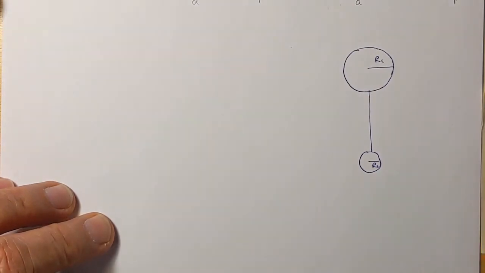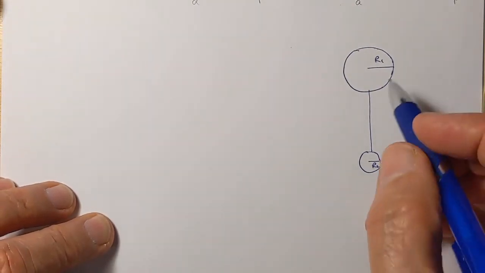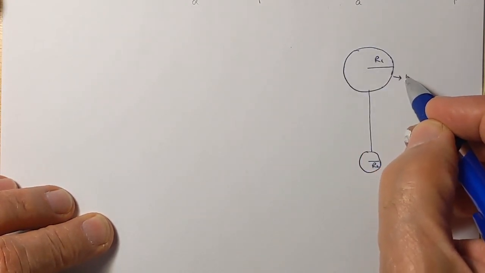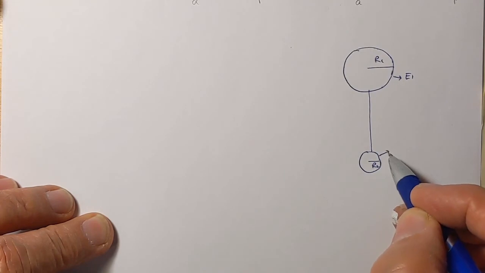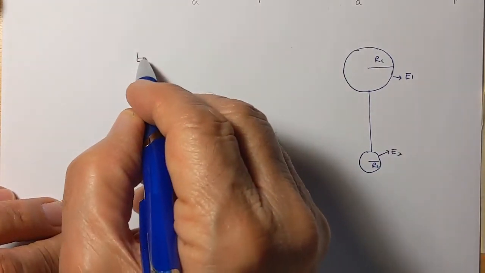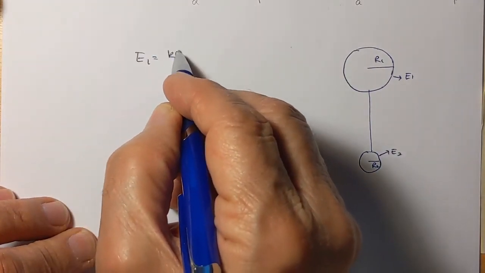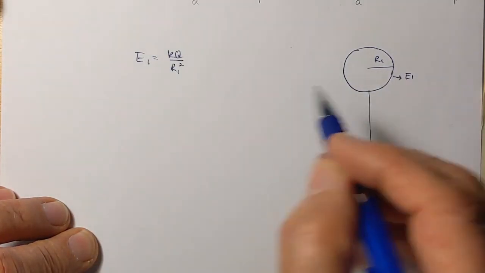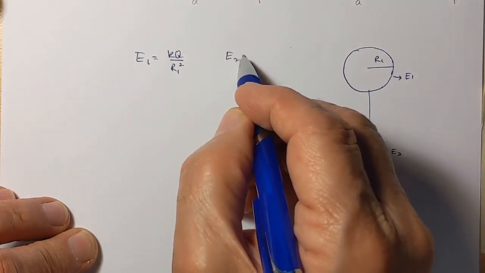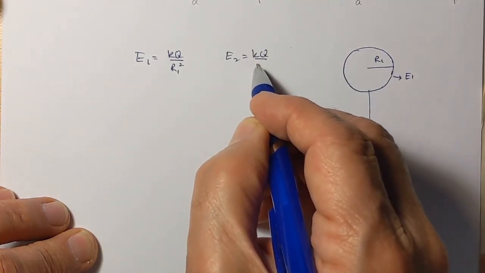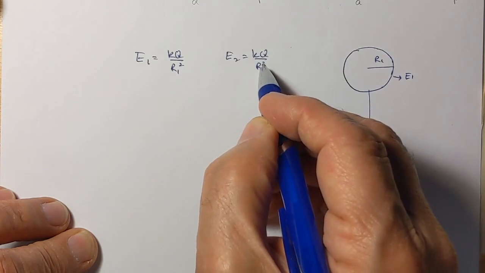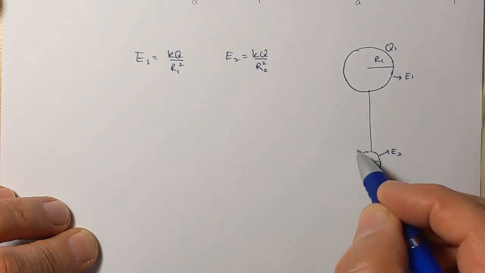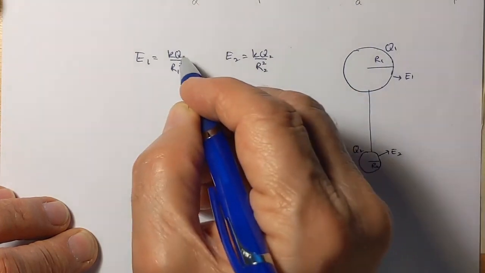The electric field just outside would be E1, and the electric field just here would be E2. E1 is KQ1 over R1 squared, that's just on the surface, and E2 is KQ2 over R2 squared. The charges may be different, so that's Q1 and Q2.